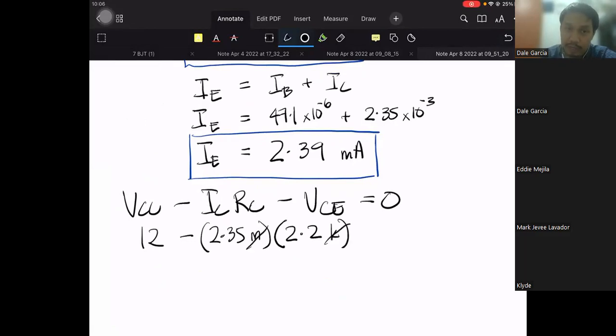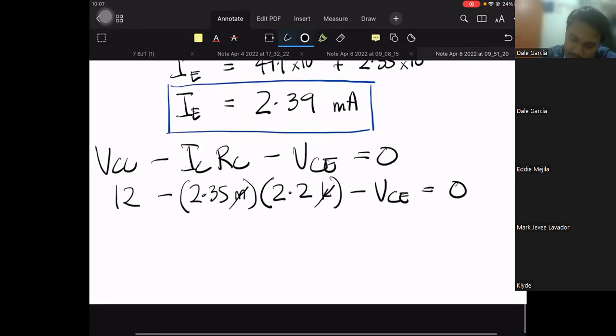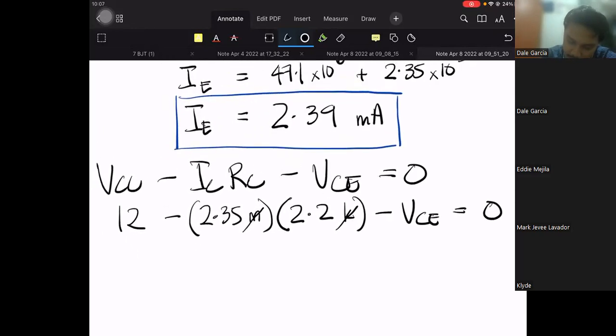Diba? So 2.35 times 2.2 lang na siya. Pagbo sa calculator. Mag-cancel out si milli o si kilo. So kung dili na sila milli o kilo, ayun na lang, no? Ayun lang i-shortcut. Minus VCE of, wala, unknown, no? Of course, VCE ang unknown dahil equal to 0. So, we can solve for VCE.